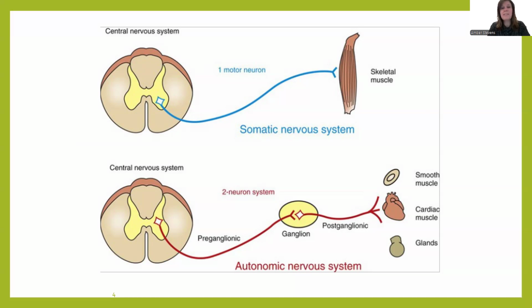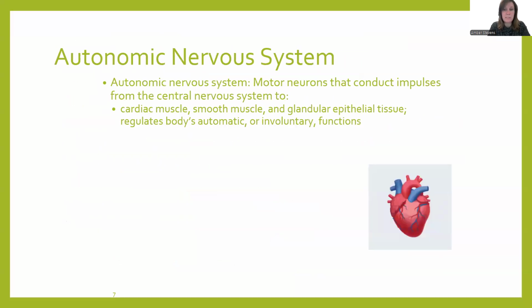And then it continues that signal on to the gland or the cardiac muscle or the smooth muscle that it's trying to affect. Versus with the somatic nervous system, it's just one straight line. The signal just follows the axon directly to the skeletal muscle without stopping in a ganglion with the synapses.